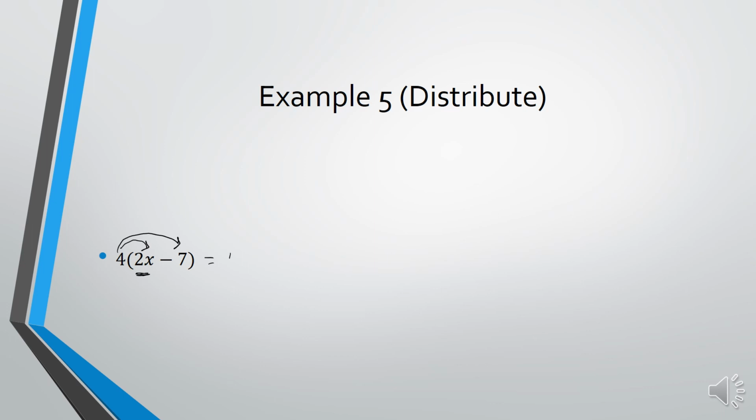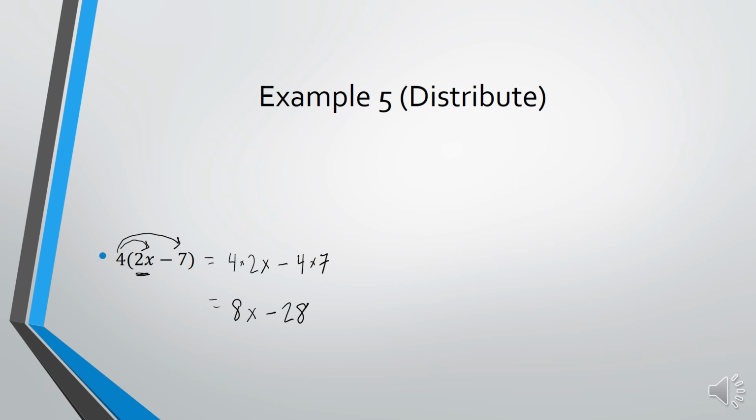So this will give me 4 times 2x minus 4 times 7, which 4 times 2x looks like 8x, and 4 times 7 is 28.